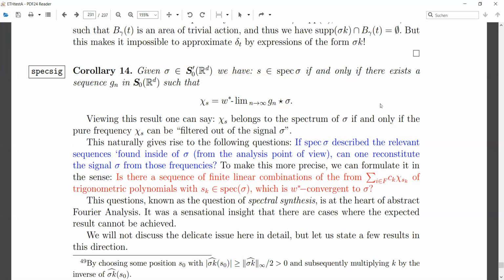Okay, so I mentioned already that this formulation tells you, well, what we're doing is we're filtering out, in a way, pure frequencies. So roughly speaking, well, pure frequencies are maybe not eigenvectors with non-zero eigenvalue. So that would be the case of a bounded measure.